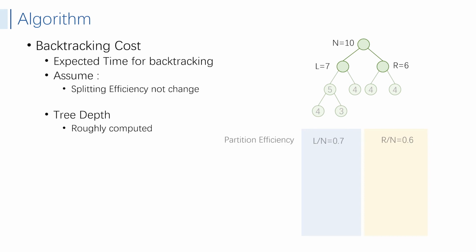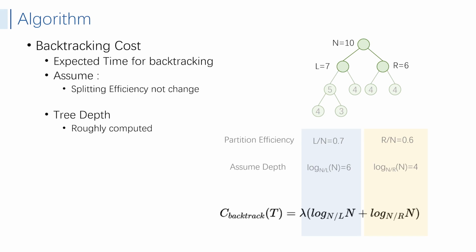In fact, the splitting efficiency will become worse as we go deeper. Evaluating the average depth for each pass also involves complex computation. Therefore, we calculate the average of the minimum and maximum depths here, and then we obtain a quick result of the expected backtracking cost.